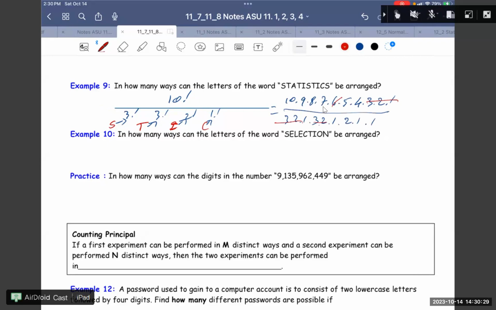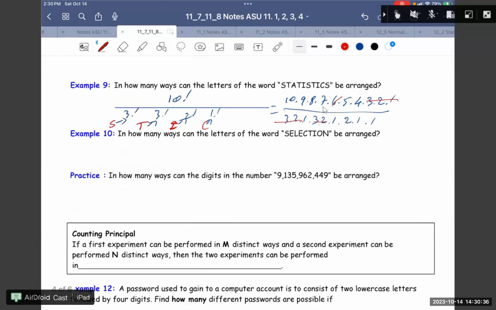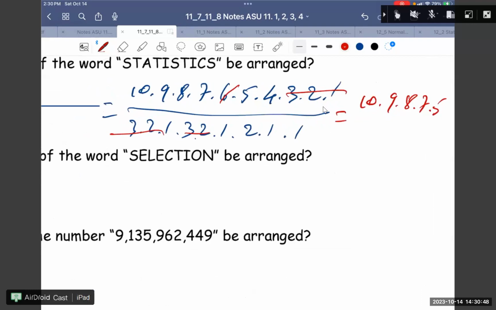And we still have 10 times 9 times 8 times 7 times 5 and times 2. So this one should be 50,400.